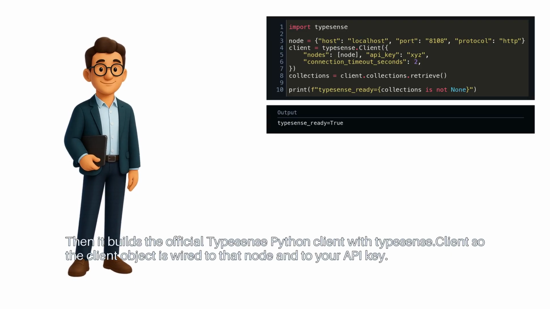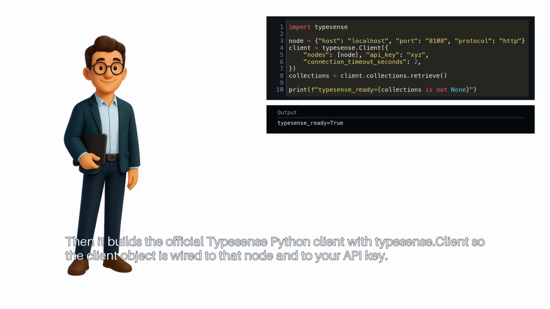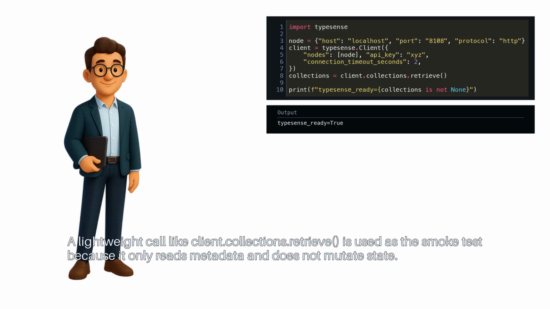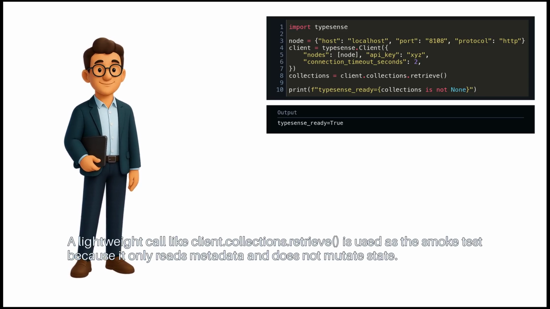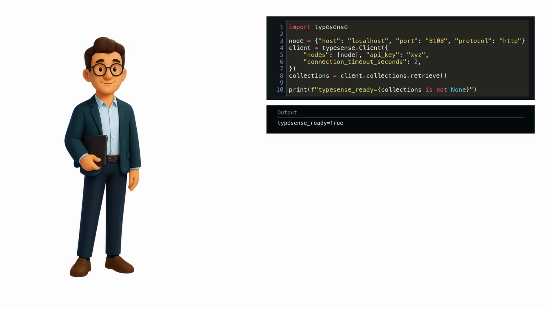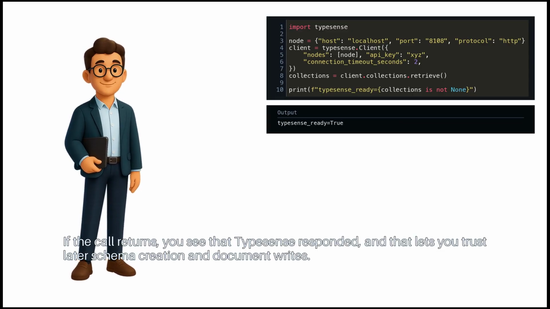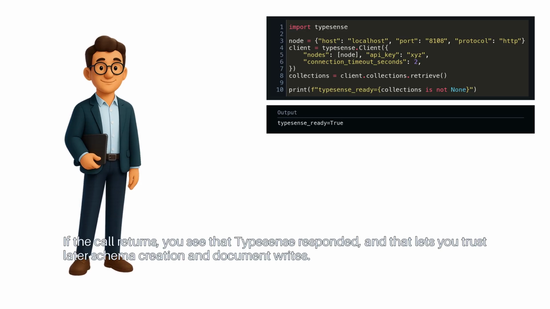Then, it builds the official Typesense Python client with typesense.client, so the client object is wired to that node and to your API key. A lightweight call like client.collections.retrieve is used as the smoke test because it only reads metadata and does not mutate state. If the call returns, you see that Typesense responded, and that lets you trust later schema creation and document writes.